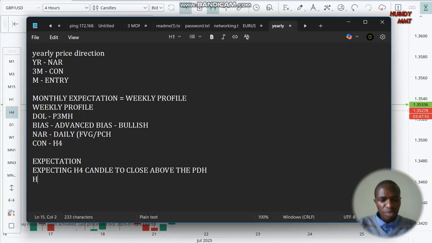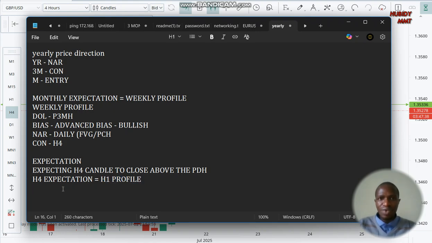So H4 expectation is equated to H1 profile. So this is now how we arrived to trading H1 profile.